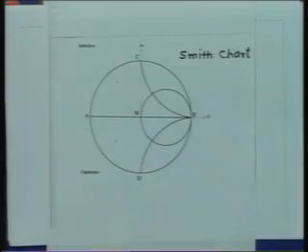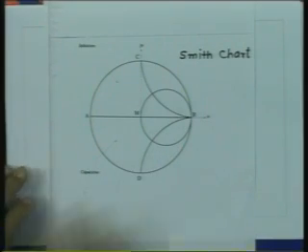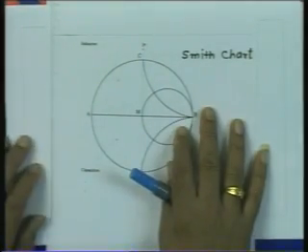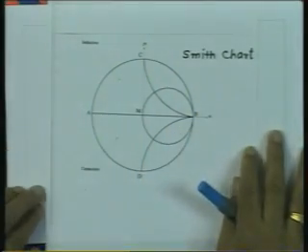Now, the superposition of these two sets of circles, as I mentioned, is the coordinate system for impedance on the complex gamma plane. That is what is called the Smith chart, and the Smith chart is a very powerful tool for analyzing transmission line problems.